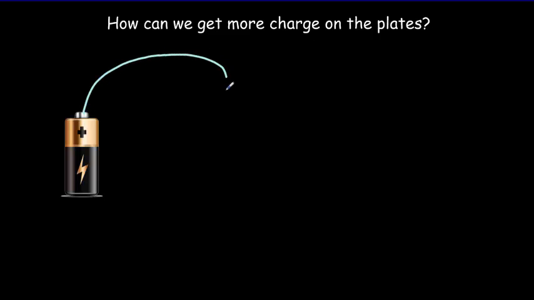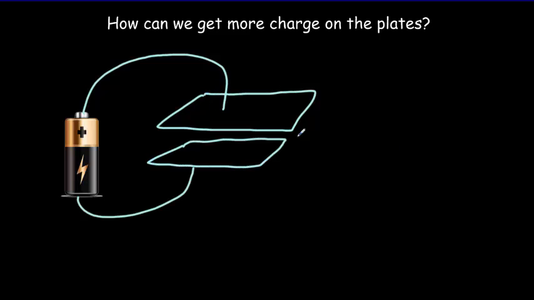We could take our plates and place them close together. Once again, that electrical pressure will push the negative charges to one plate and pull off negative charges from the other plate. But what is new now is that the positive charge on the top is going to attract more electrons onto that bottom plate.